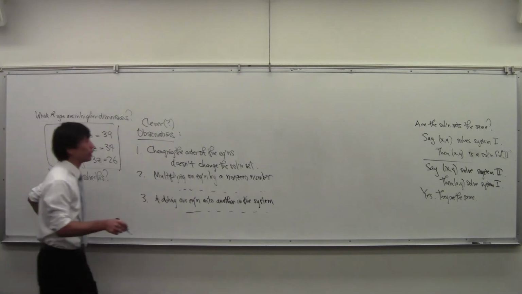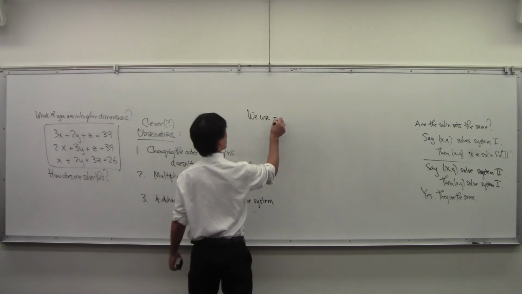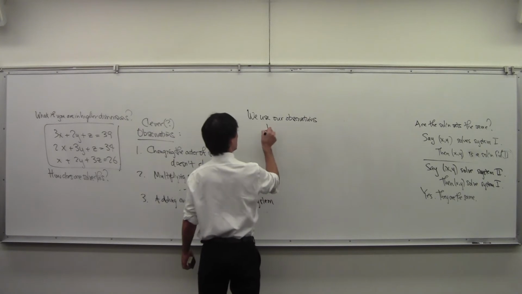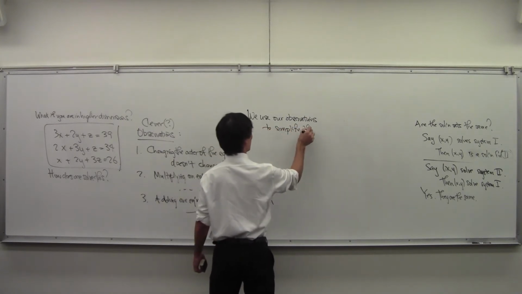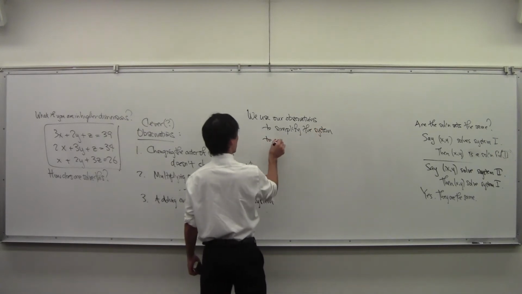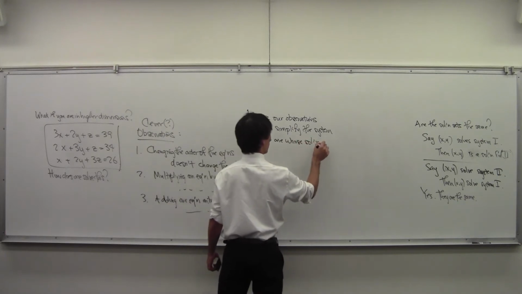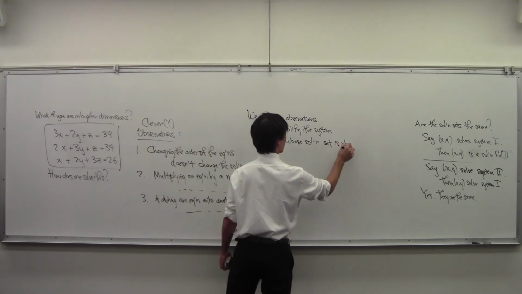Okay, so we use our observations to simplify the system to one whose solution set is obvious.